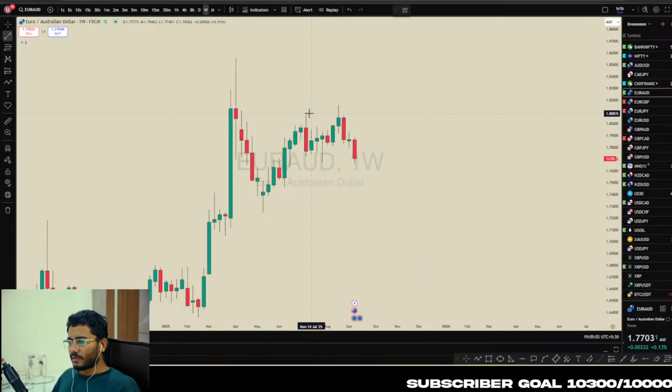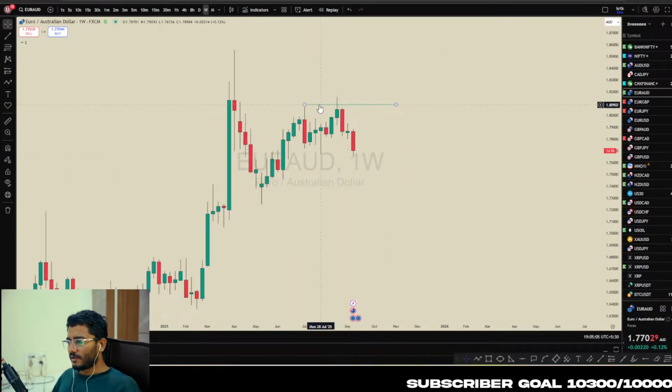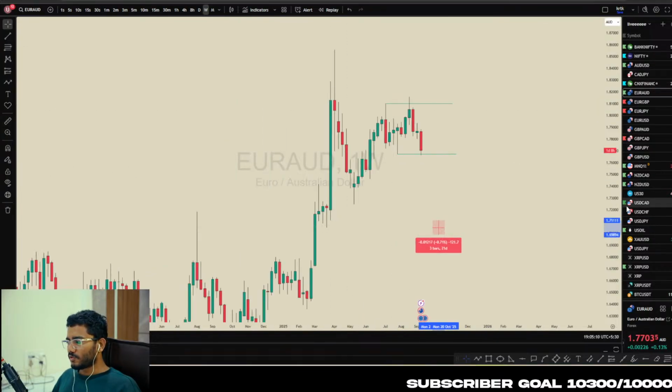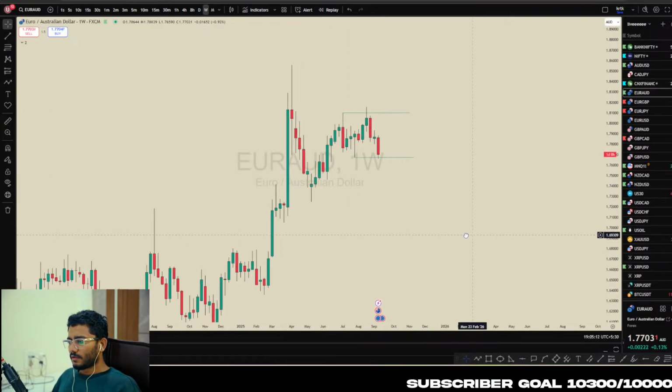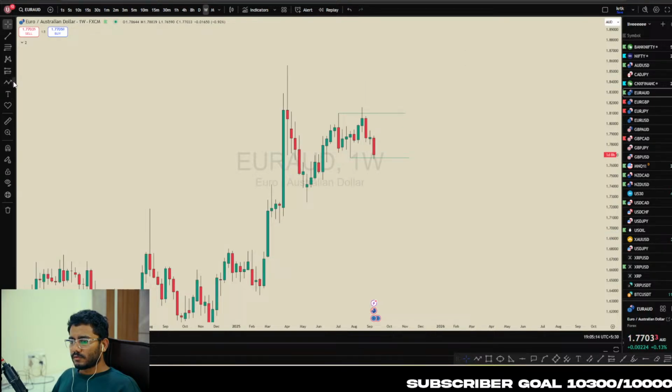Right now, price swept the liquidity from this high, and now it broke the structure, right? So it's sweeping this liquidity, and it should continue to the downside.